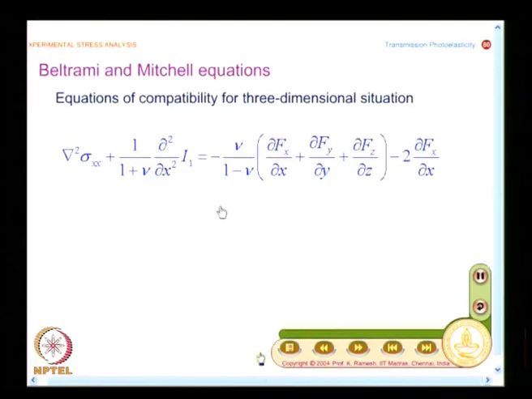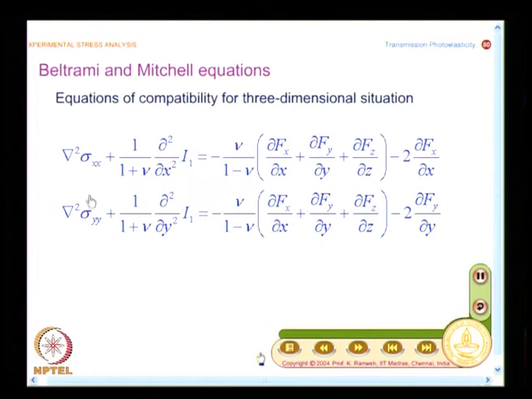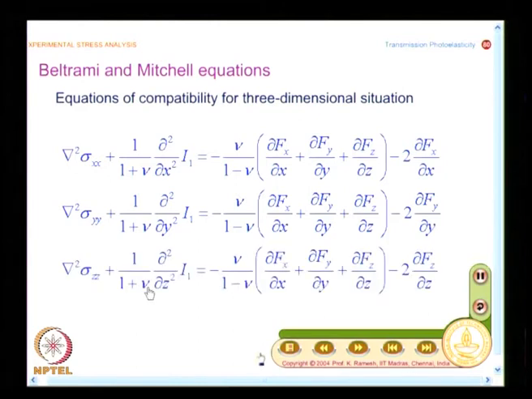And I have 3 such equations. Actually you can go back and fill in those equations. One is for sigma xx, another is for sigma yy, and I think I will leave that as a home exercise. You just have a look at it in the class, but go and develop it because it is all cyclically repeating.